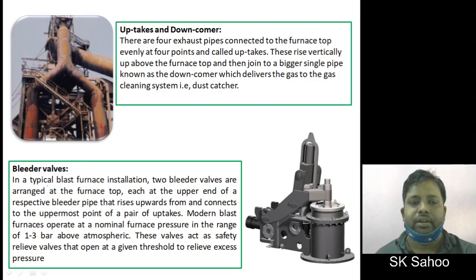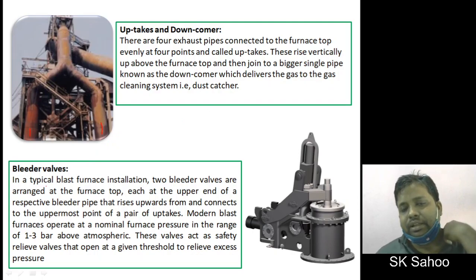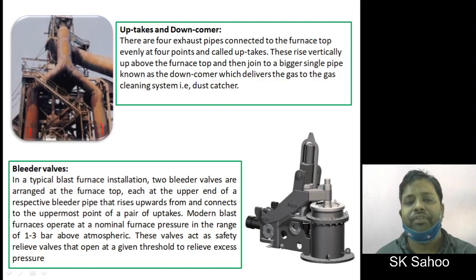What is a bleeder? In a typical blast furnace, two bleeder valves are arranged at the furnace top. When the two uptakes join, they create a bleeder pipe, and at the top of each bleeder pipe there will be a bleeder valve. This bleeder valve acts as a safety valve, because in a modern blast furnace we generally adopt a high pressure, about 1 to 3 bar above atmospheric pressure, for some advantages of the high pressure.